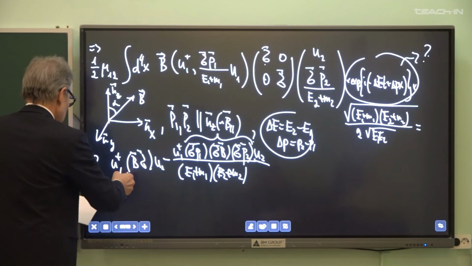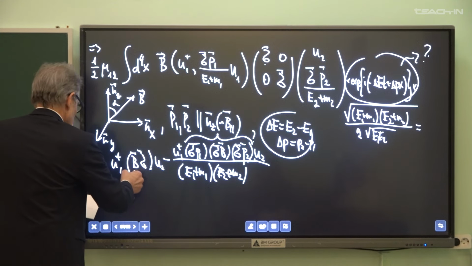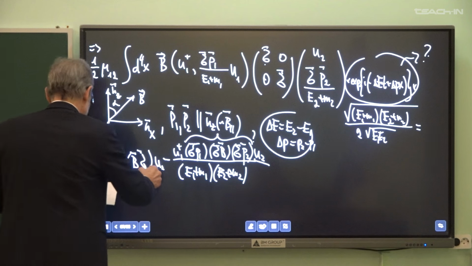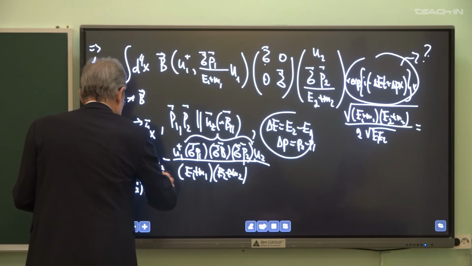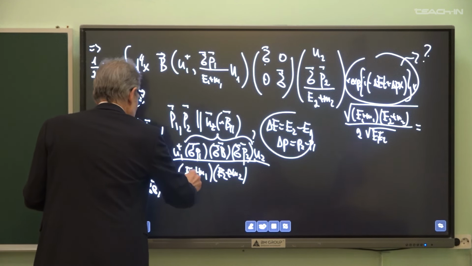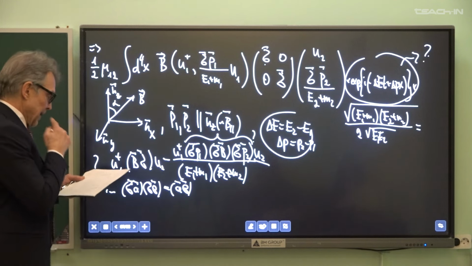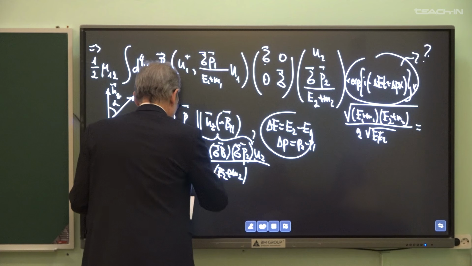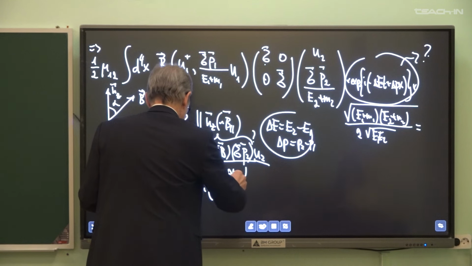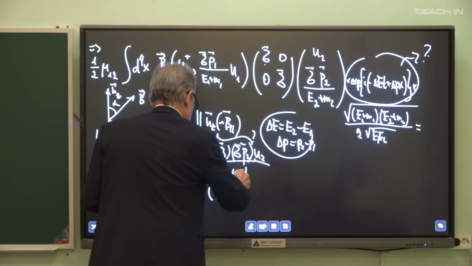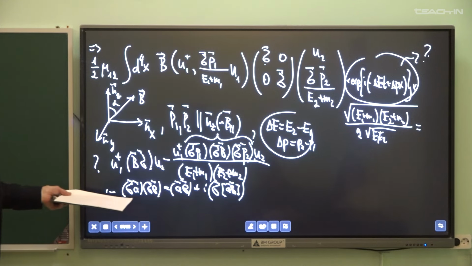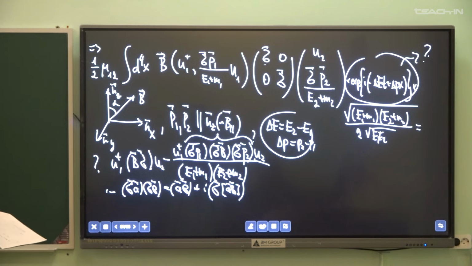Recall a very important formula, probably you know this: sigma A vector multiplied by sigma B vector, constant vectors, equals the product of two vectors A and B plus i multiplied by sigma and then A cross B. This is the property of these sigma matrices.